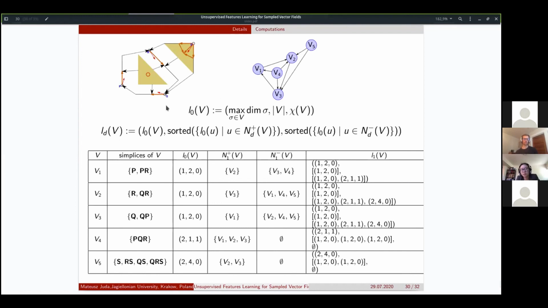So what is the systematic rule? To make my question more concrete, what is the systematic rule of deciding column 1 and column 2 of your table? You're saying that V1 in your table means the vertex P and edge PR. V2 is vertex R and edge QR, and V4 is just the triangle.